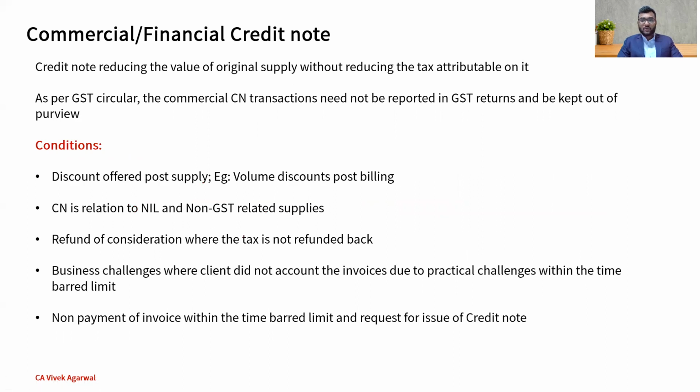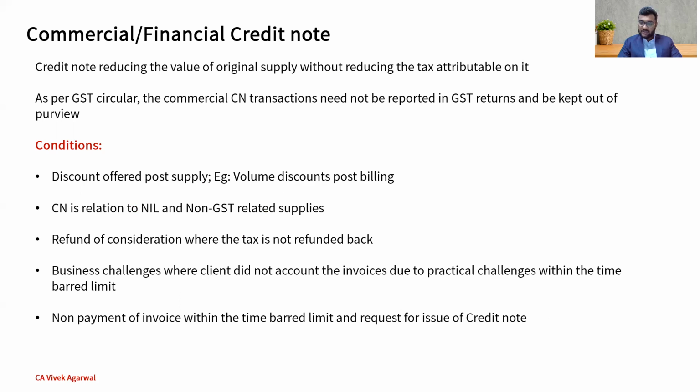So let's go on to what is a commercial or a financial credit note. Going back to the previous example on the time barring of the invoice, that is 180 days from the close of the financial year.